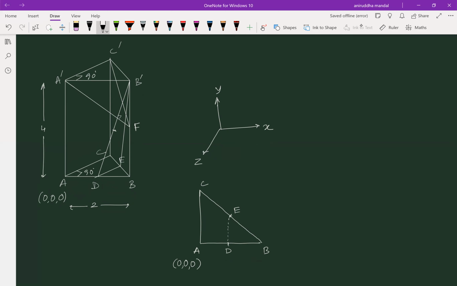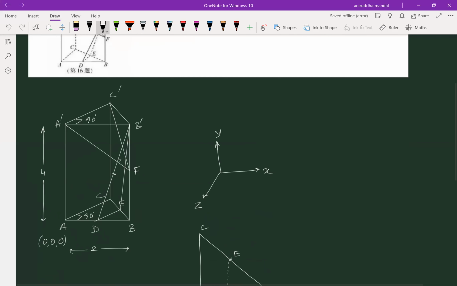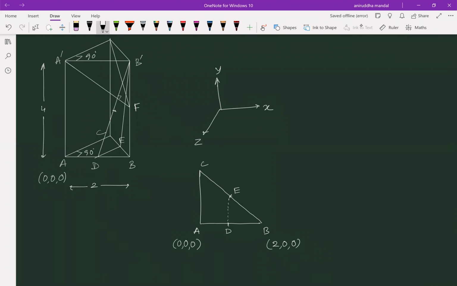We have assumed the length of AB is 2 units, so this is 2 comma 0 comma 0, as it is on the x-axis. As it is given that D is the midpoint, D is 1 0 0. Now C is along the negative z-axis.